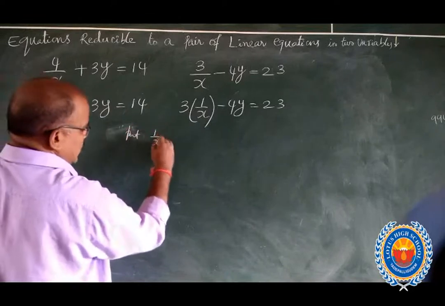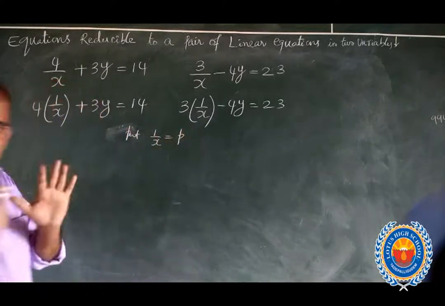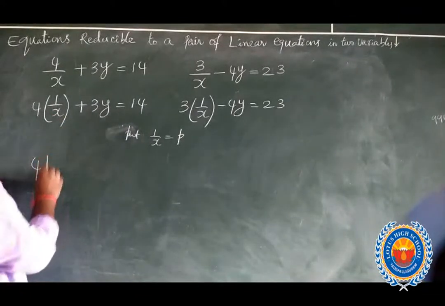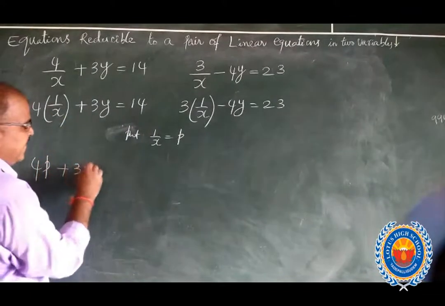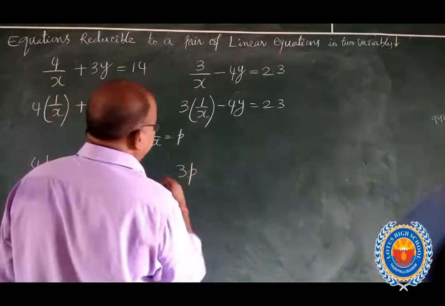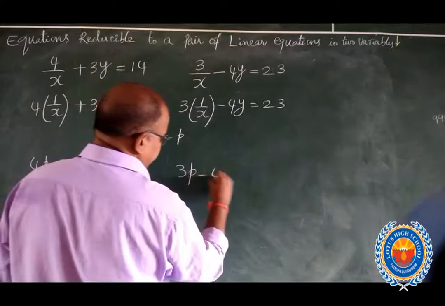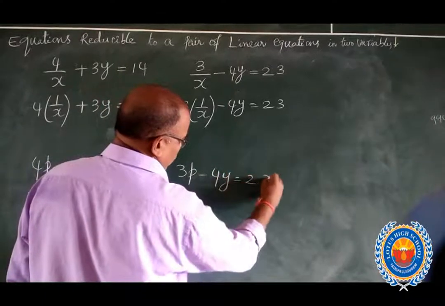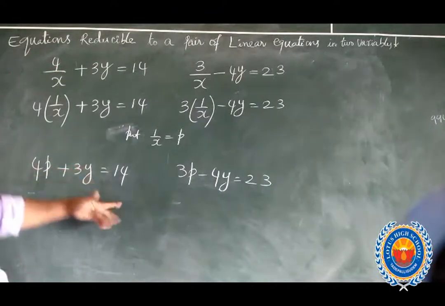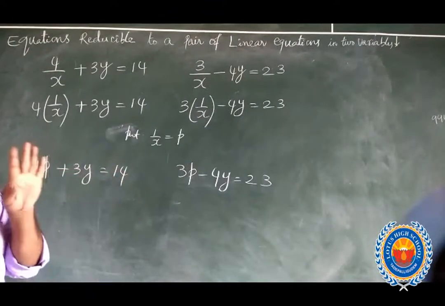Let 1 by x is equal to p. Now the new equations are 4p plus 3y is equal to 14 and 3p minus 4y is equal to 23. So the equations are reducible to a pair of linear equations in two variables.